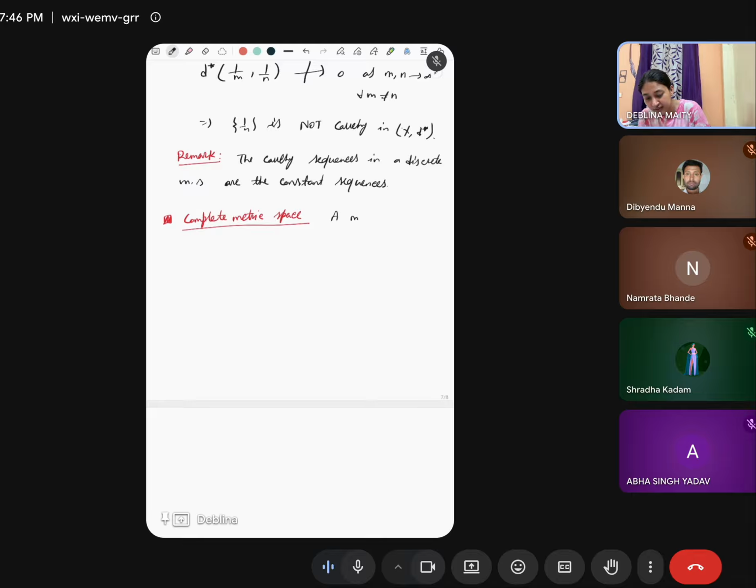A metric space (X, d) is said to be complete if every Cauchy sequence in that space X converges to some point in X.